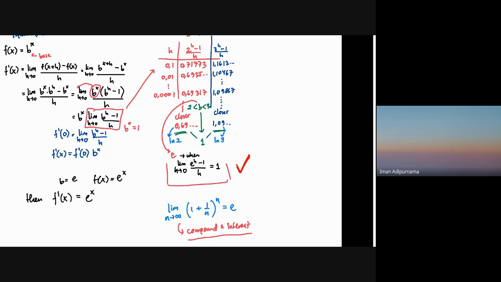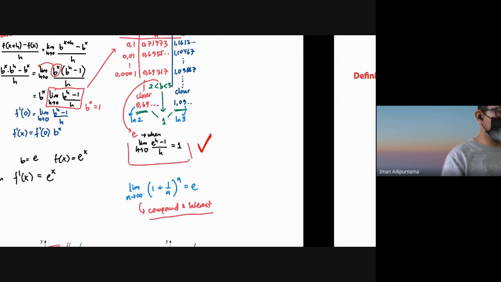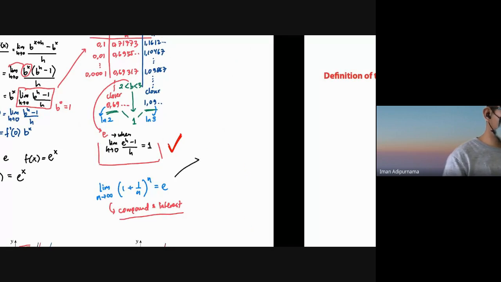Okay. And when we are talking about e, we can also talk about the logarithm. We use the logarithm to make our scale measurable. For example, why do we use log in our calculation?